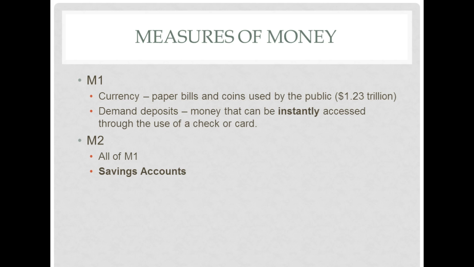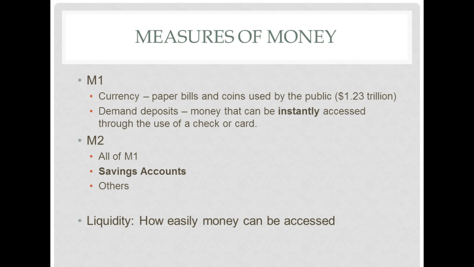You can't actually walk into a store and generally access money from a savings account. That's the point of a savings account. So generally speaking, savings accounts are not considered M1. They're considered M2. And again, the distinction between M1 and M2 is going to become very important. For right now, we just need to make sure we know what's in M1 and what's in M2. Savings accounts are going to be the most common example of M2 that we'll see.